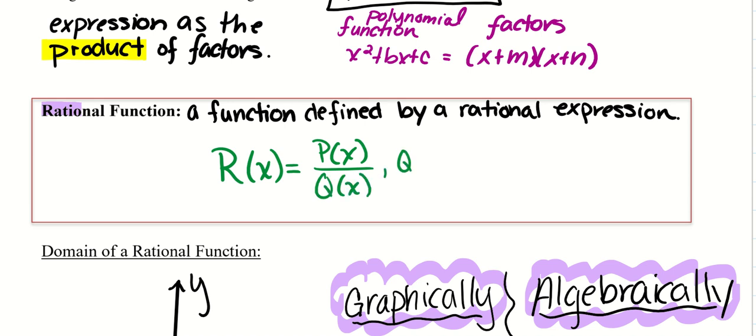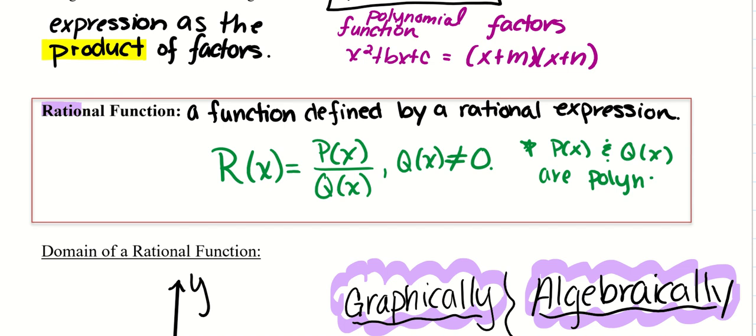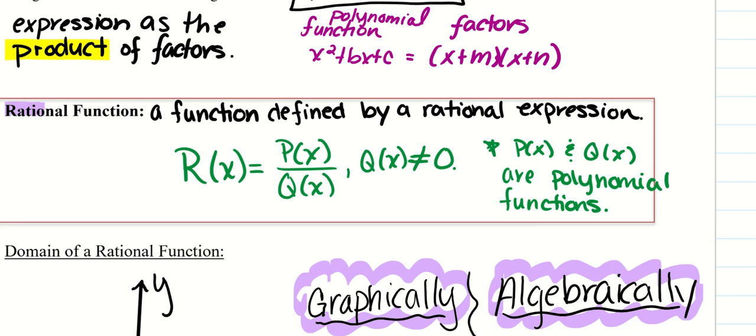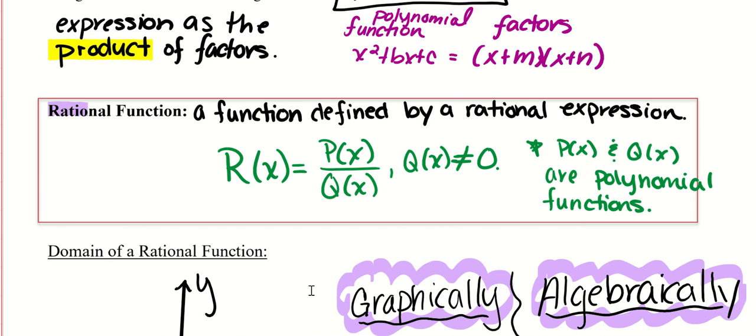And we know that q of x, because it is in the denominator of the fraction, cannot equal 0. P of x and q of x are both polynomials, are polynomial functions. And you will see what that looks like in a second.